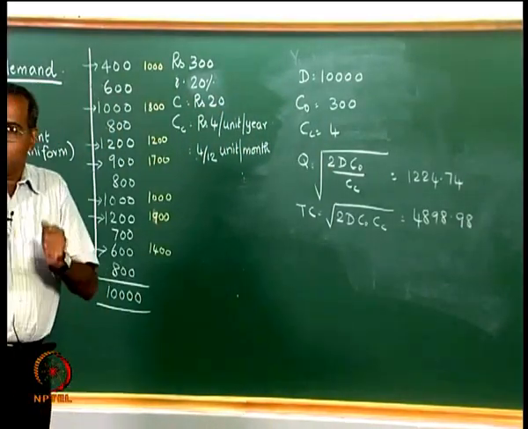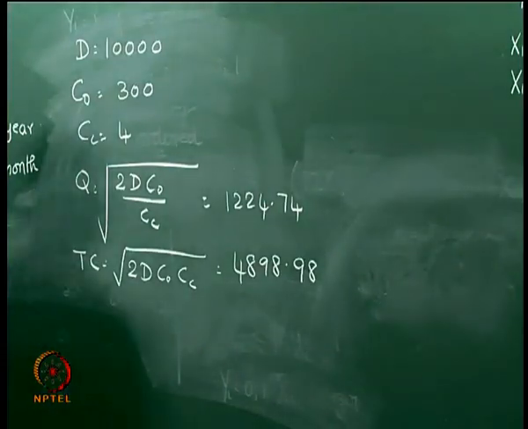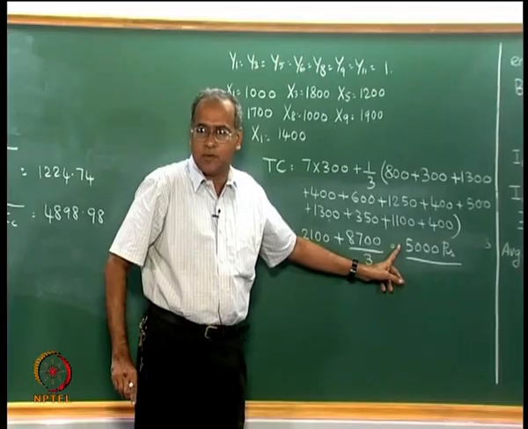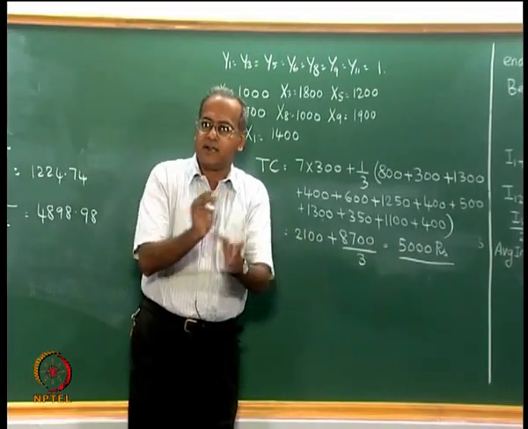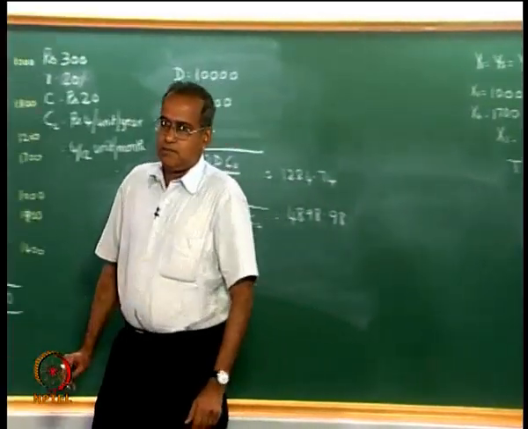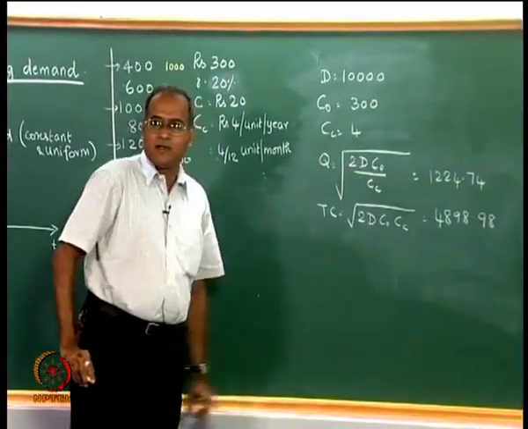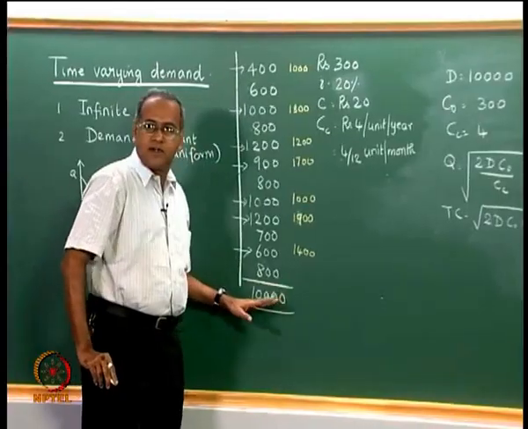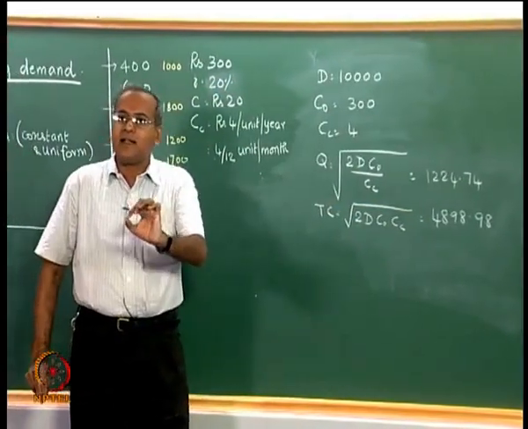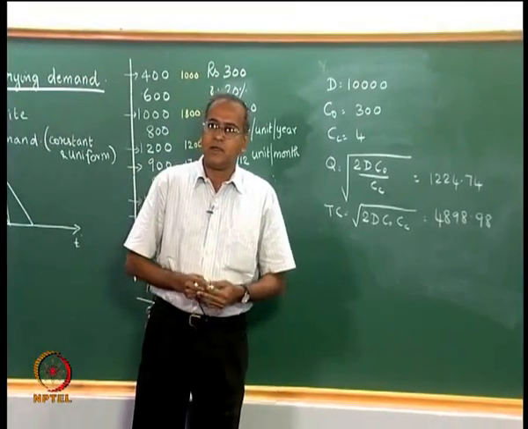Now we have to first understand this is an optimal solution to an integer programming problem under certain assumptions, which gives us 5000. The best value, assuming that this is an annual demand of 10,000, is 4898.98, and it is slightly less than that 5000.